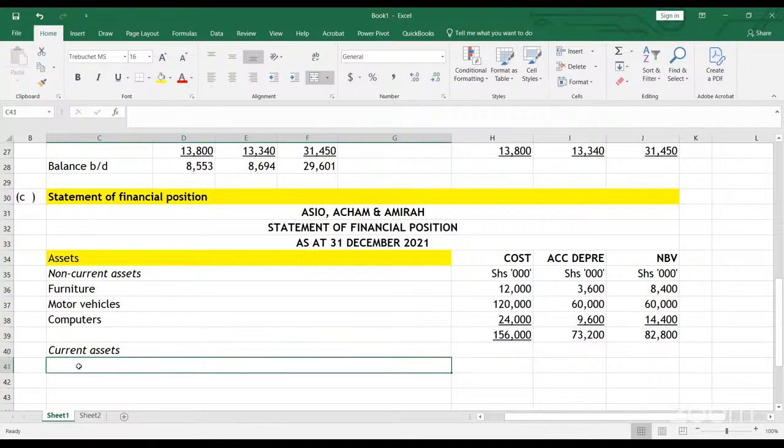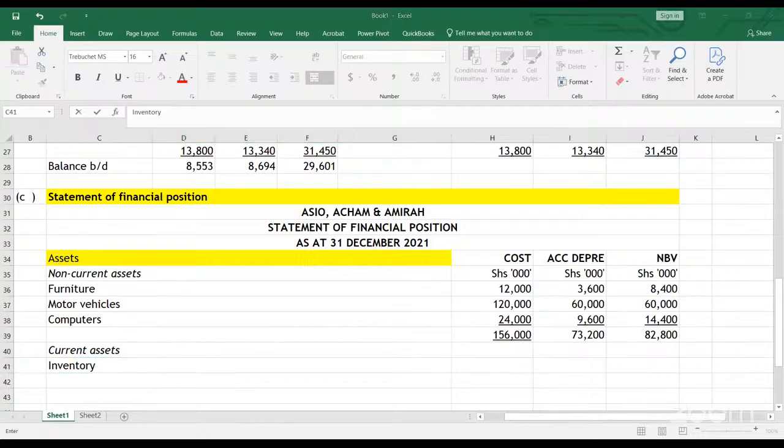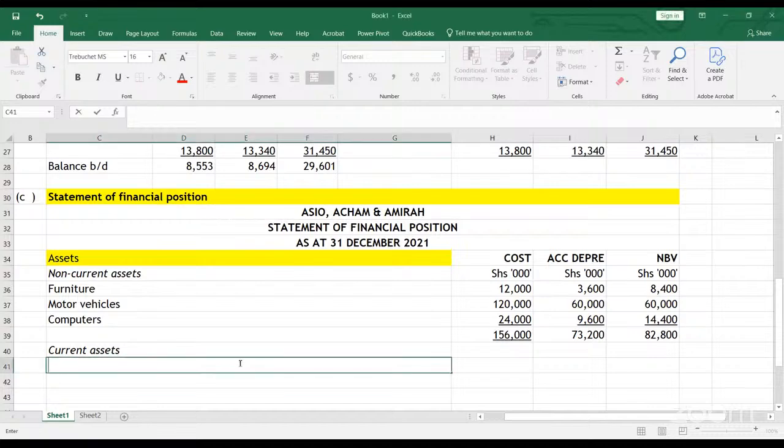Under the current assets, of course, we have items like inventory, that is the closing inventory. Do we have closing inventory in the question? I didn't see it. Oh, remember, this is an audit firm, so we don't have inventories. Let me ignore this.